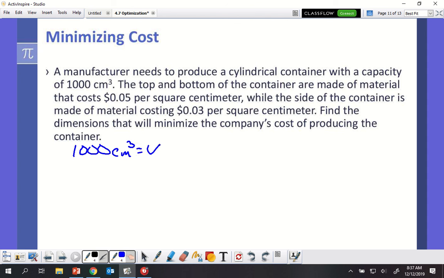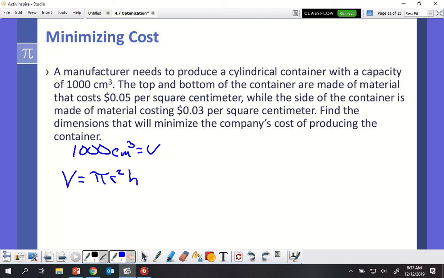And the volume formula of a cylinder is pi r squared h. So this piece is super important. But after this, what are we maximizing or minimizing? Surface area. So now I have to have an area formula.